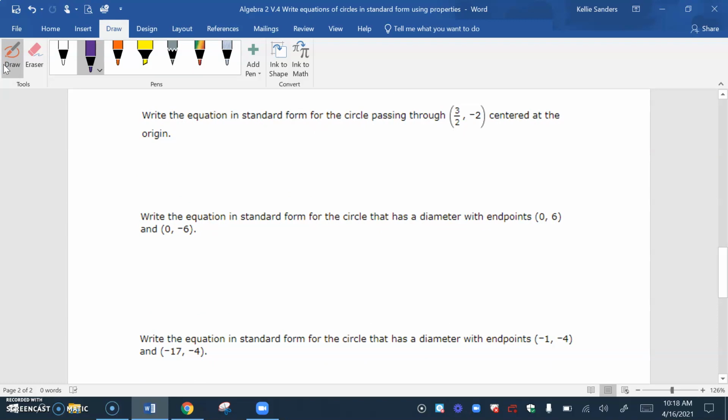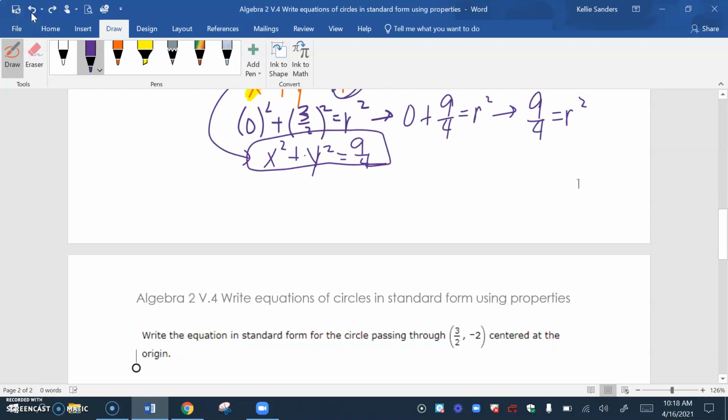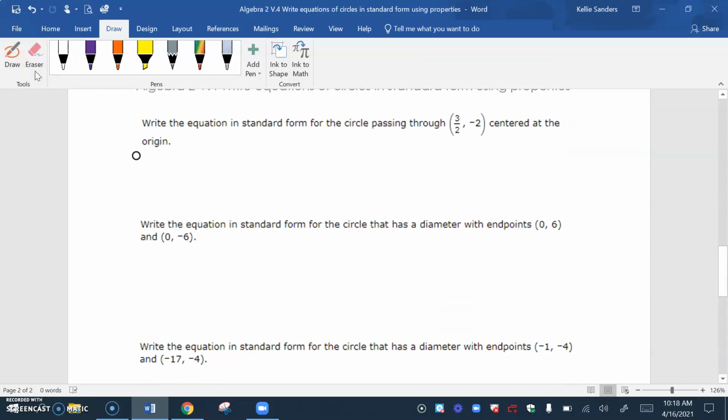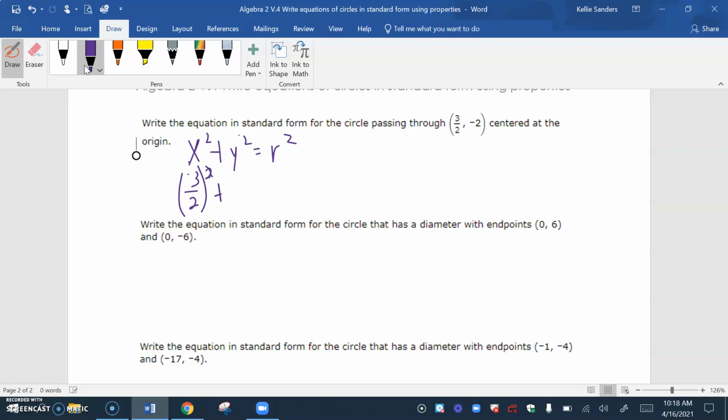Write the equation in standard form for the circle passing through 3 over 2, negative 2, centered at the origin. So (3/2)² + (−2)².